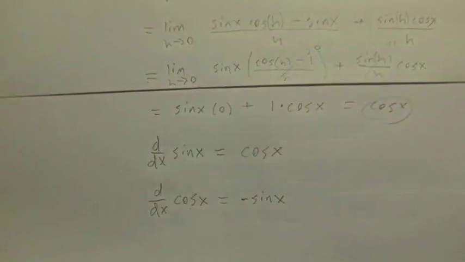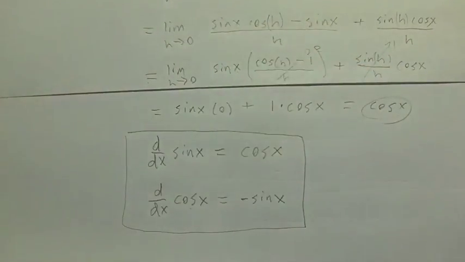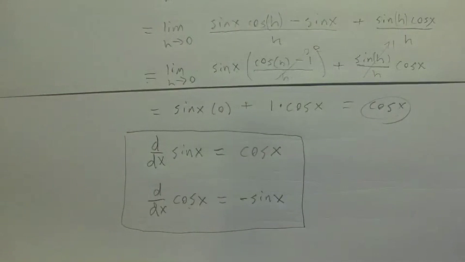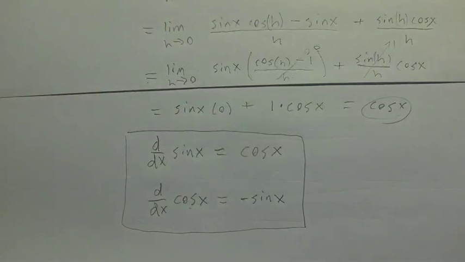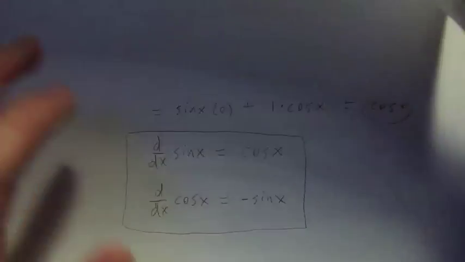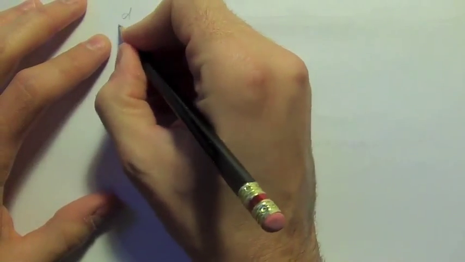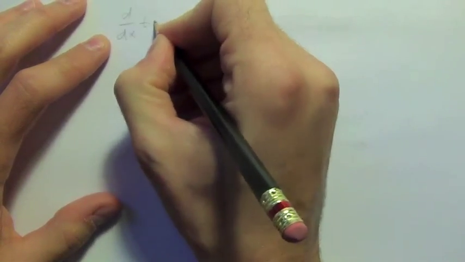Okay, so from here, we can find the derivative of all the other trig functions without having to use the limit definition. Okay, so the derivative of tangent, for example, let's say I want to take the derivative of tangent of x.